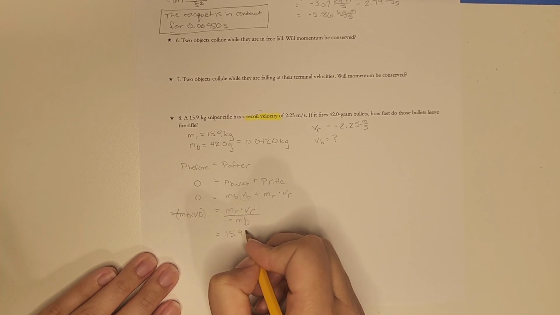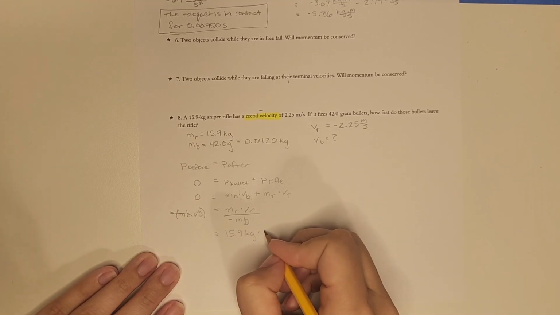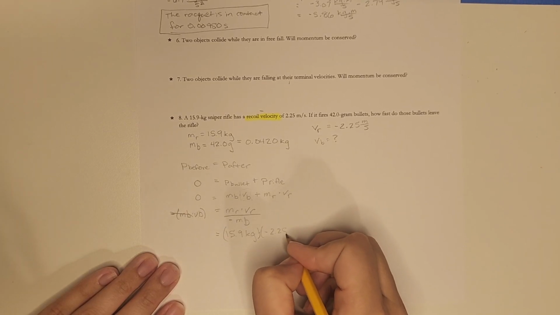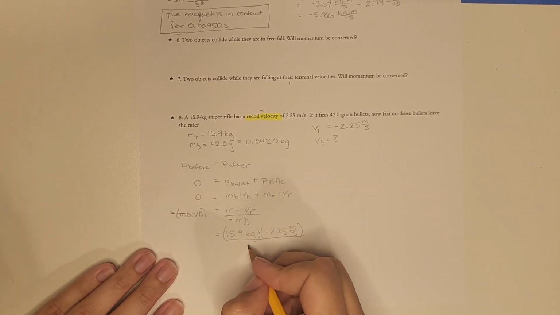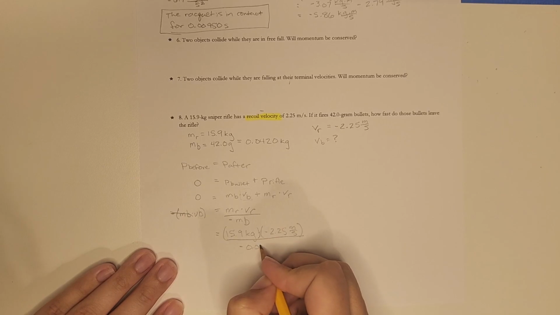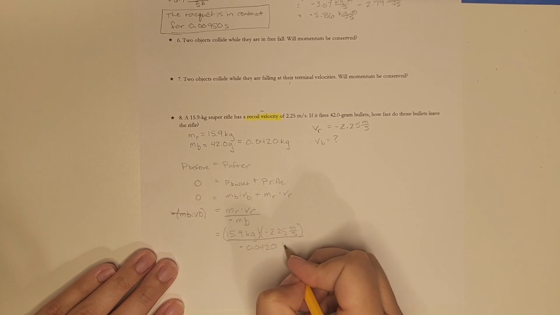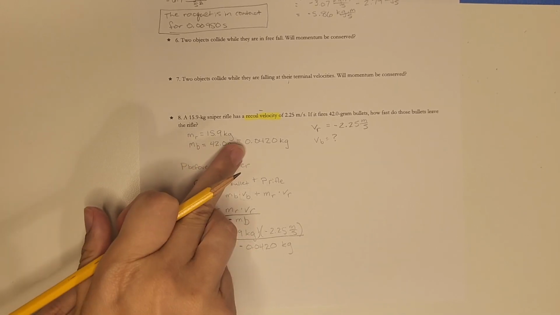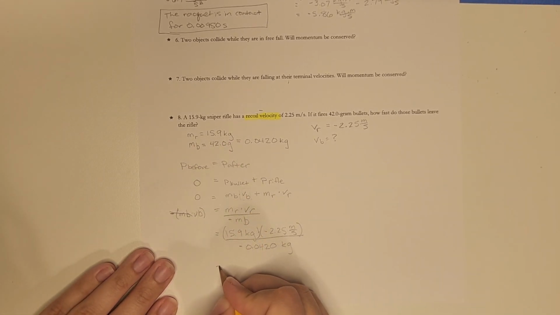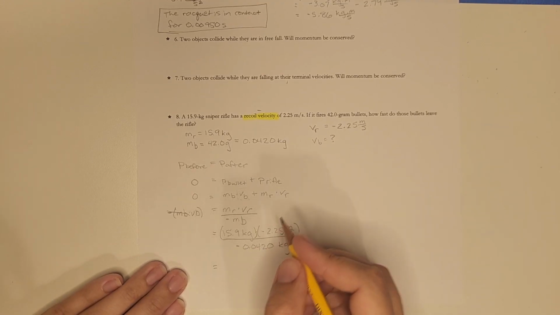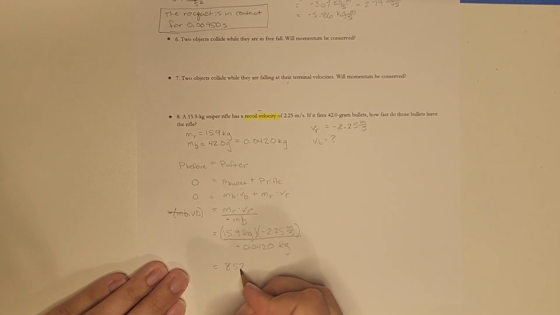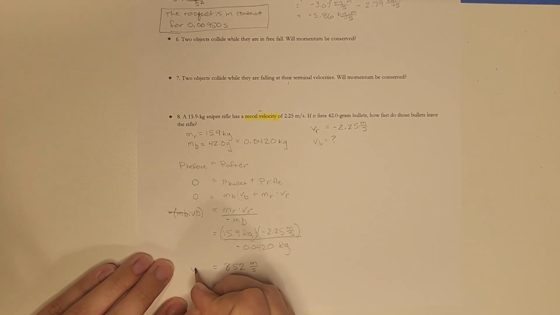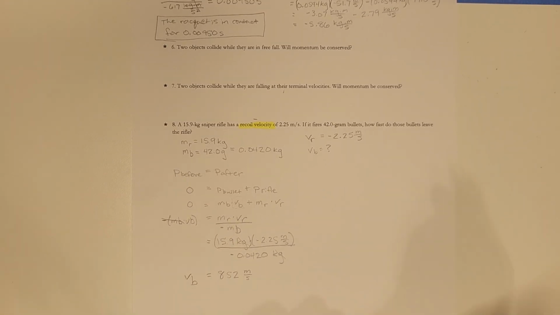We have 15.9 kilograms times negative 2.25 meters per second. Divide that by negative 0.0420 kilograms, which is my mass of my bullet. And we're going to get, kilograms will cancel. We're going to be left with meters per second. It's going to be 852 meters per second is the velocity of the bullet.